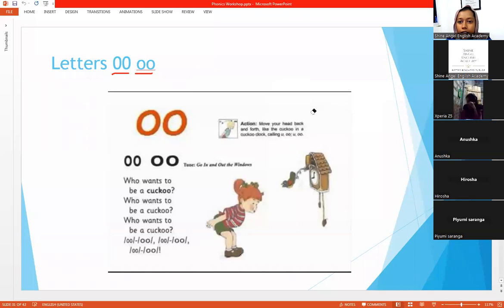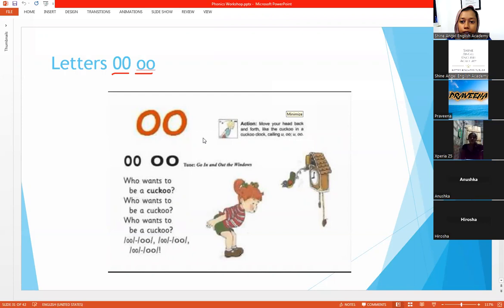Come on, speak up. Why do we have two U sounds? What is the difference between the first one and the second one? Teachers? Long sound and short sound. Very good. So one is long and the other one is short. Very good, Pravina, right? Good. Okay, that's a good job.